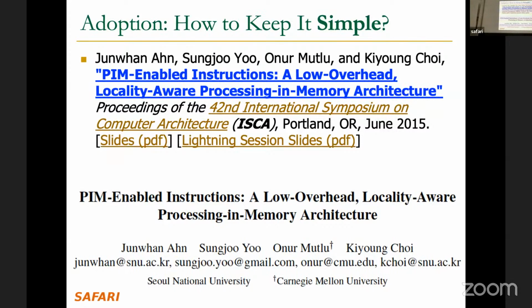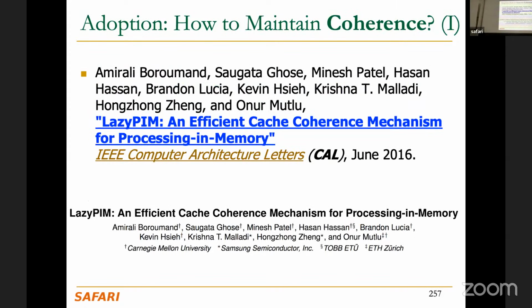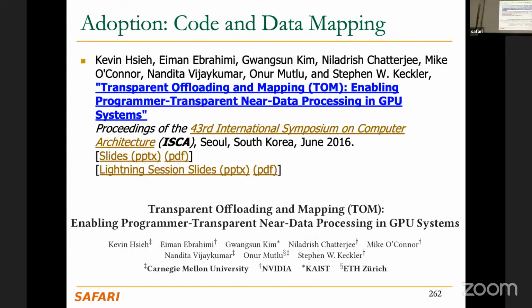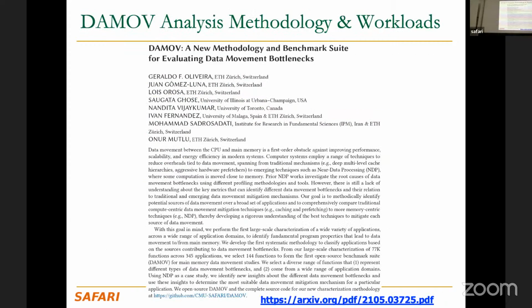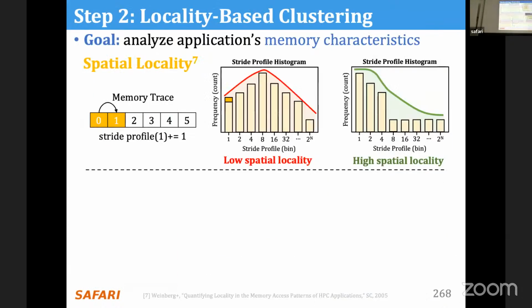For example, how to do bare minimum modifications to the DRAM array and enable some computation, how to use programmability, how to maintain data coherence, how to enable support for synchronization, how to enable virtual memory, how to enable code and data mapping, and analysis methodology and workloads for a processing memory system, which I'm not going to cover right now because of time.